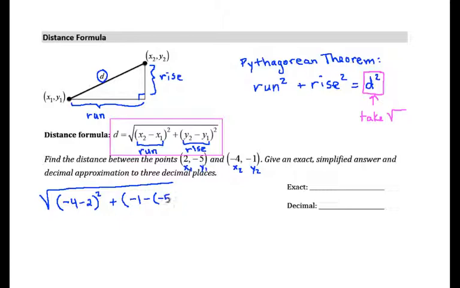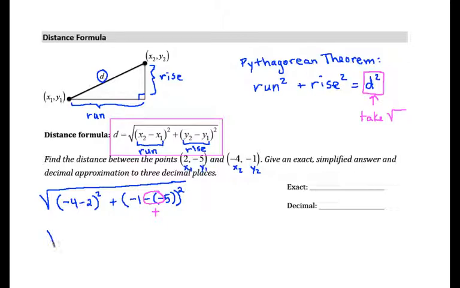We need to be very careful with signs here. When we have negative numbers and we're subtracting negative and positive numbers, we want to be very slow and not make a sign error. On this second term, we have a subtraction of a negative, which becomes plus. But I will note that both of these are squares, so by the time we've evaluated and squared the terms, they should both be positive.